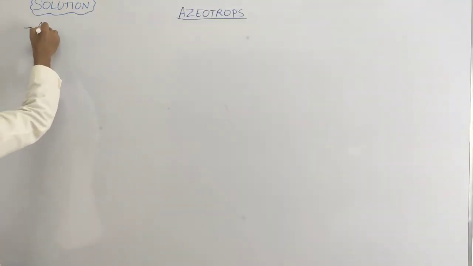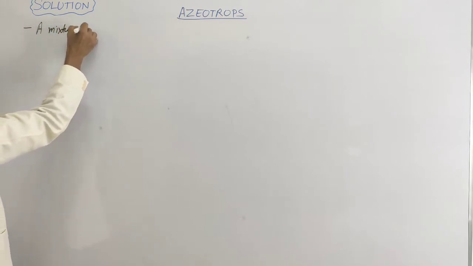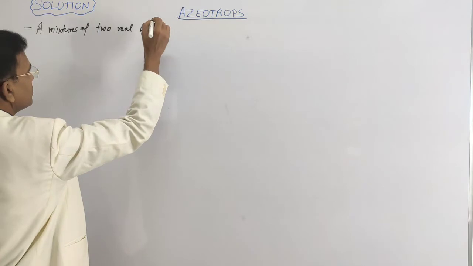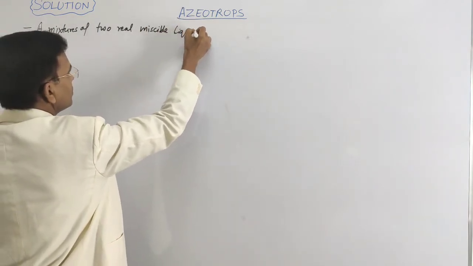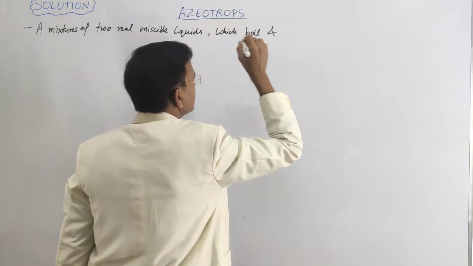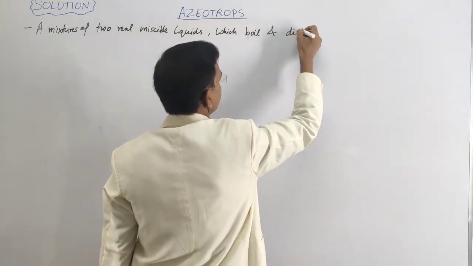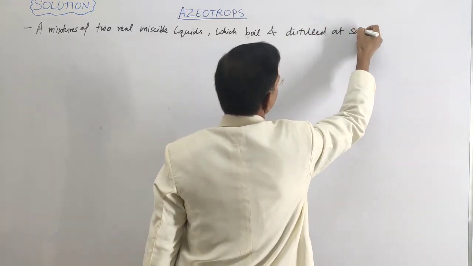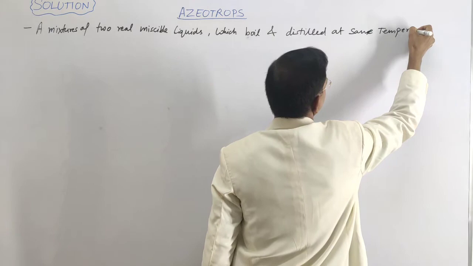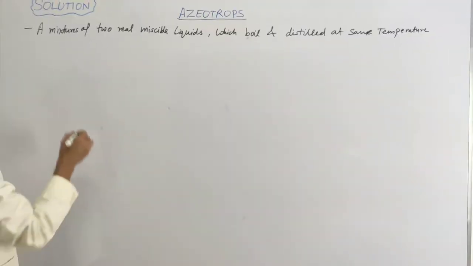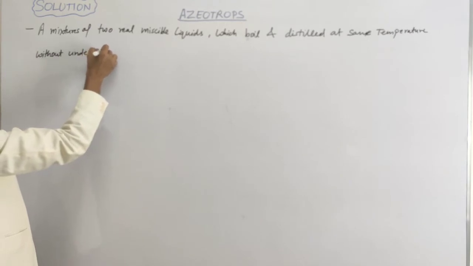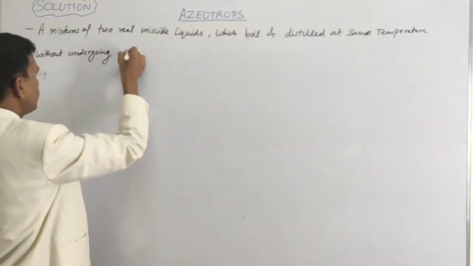Azeotropes are the mixtures of two real miscible liquids which boil and distill at the same temperature without undergoing any change in composition.